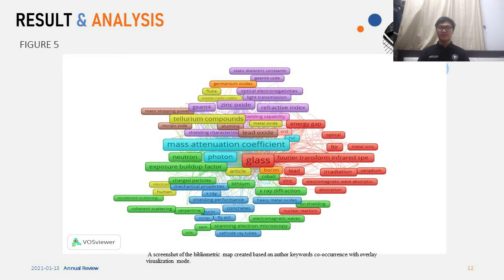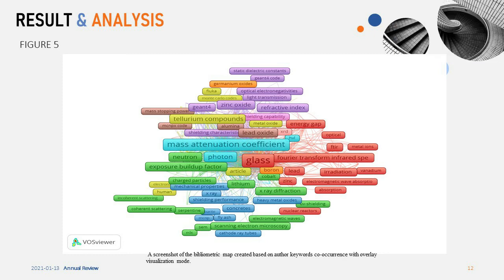And last but not least is Figure 5. Figure 5 is also a screenshot of bibliometric map created based on the author keyword co-occurrence with overlay visualization mode. For information, Figure 4 and Figure 5 were created using a software named VOSviewer.